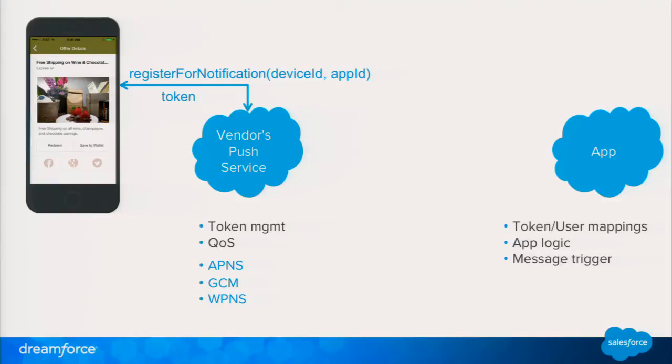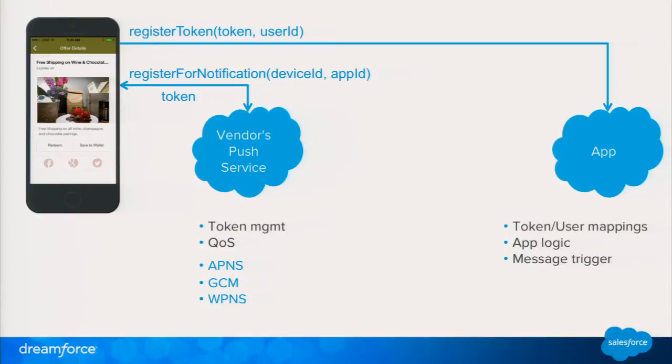Okay, so the client app is going to invoke a service that's exposed by that application on the right. And I'm going to say, hey, you know what? That's me here. Here is a token that you need to map to that user ID. Now, that user ID is just an alias.